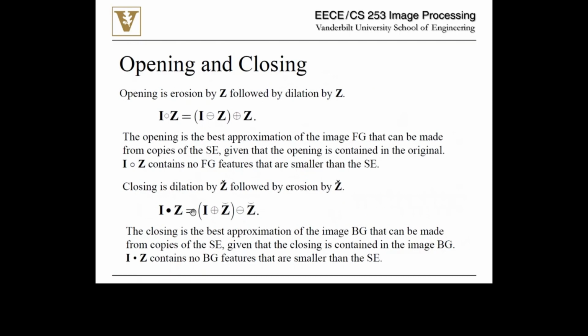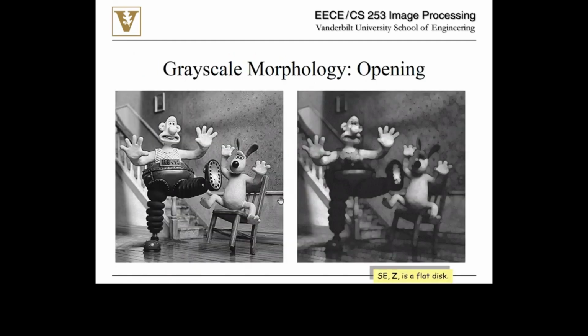And the closing is almost the same. First you dilate and then you erode. But instead of using the structuring element, you use the reflected structuring element. So here you have the opening.